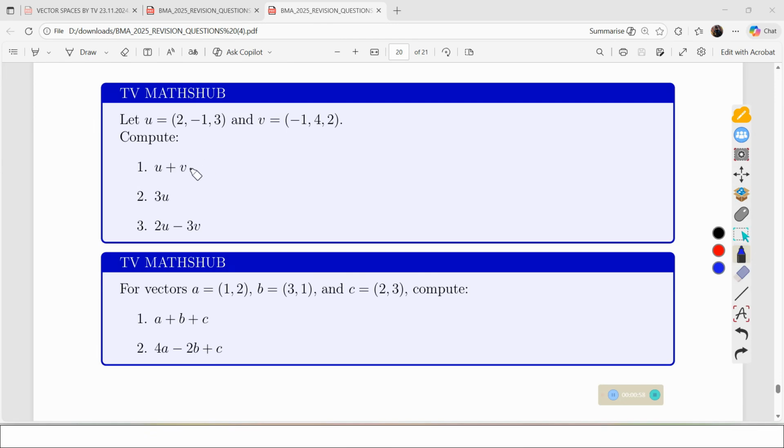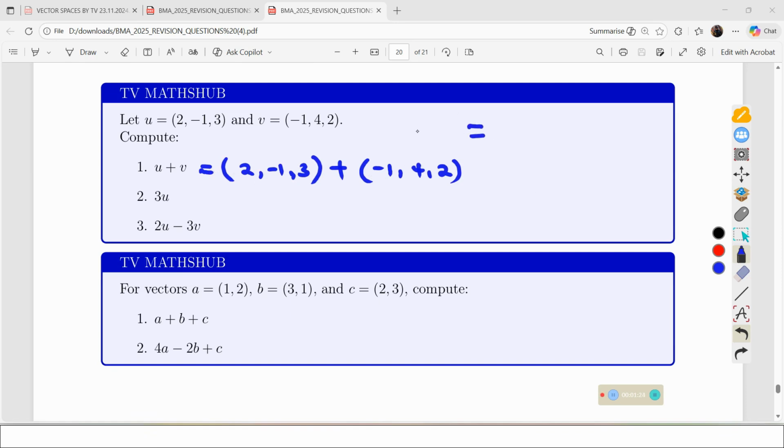How do you compute u plus v? We have got our u, which is the same as (2, -1, 3), and you are adding (-1, 4, 2). You can do the addition using this, or else you can put this in what we call the column form.